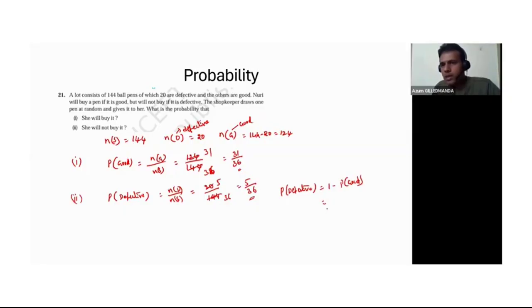If it is good, she will buy. If it is not good, she won't buy. So the probability of not buying is 1 minus probability of good, that is 1 minus 31 by 36. If I substitute, that is 36 minus 31 by 36, which is 5 by 36. You got the same, right? So we can solve in 2 ways.